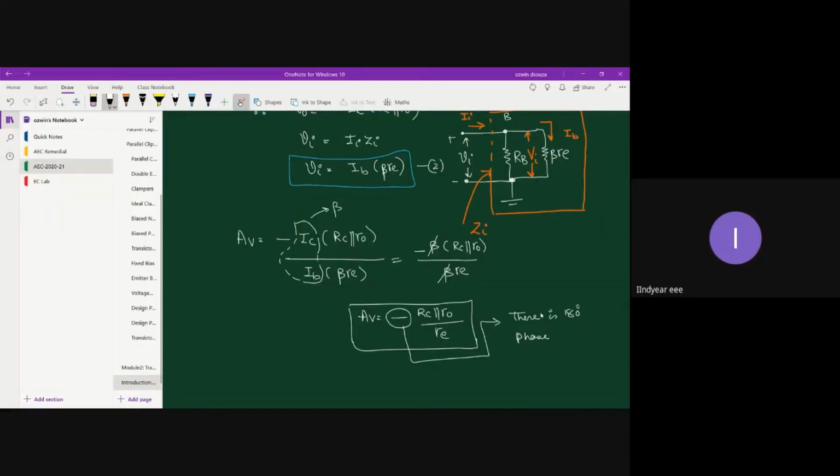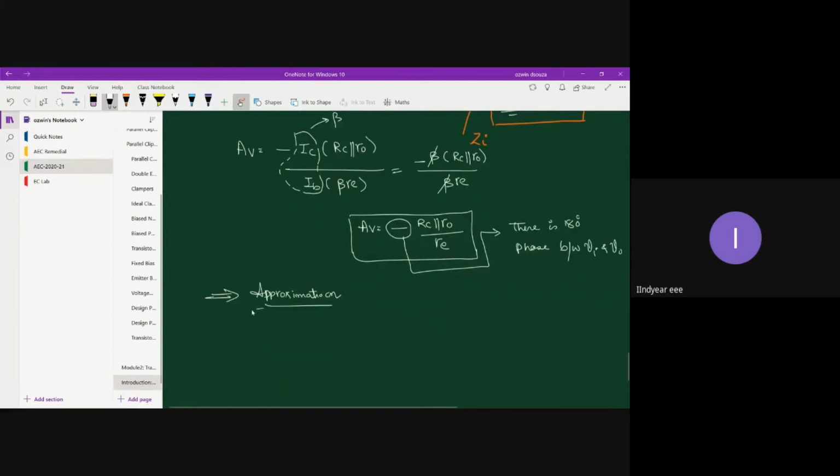As I mentioned in the beginning, the common emitter configuration always gives a 180-degree phase shift between the input and the output, between Vi and V0. Now, in approximation, you have already seen that if R0 is 10 times greater than RC, you can write RC parallel with R0 as approximately RC itself.